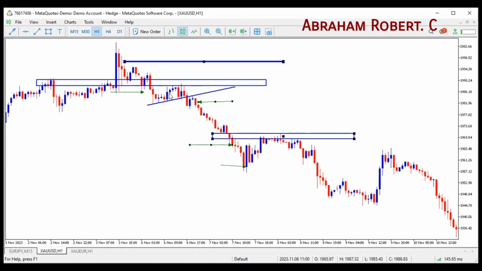Now, the trader that entered the market at this level and the trader that entered the market at this level, their profit margin will not be the same.